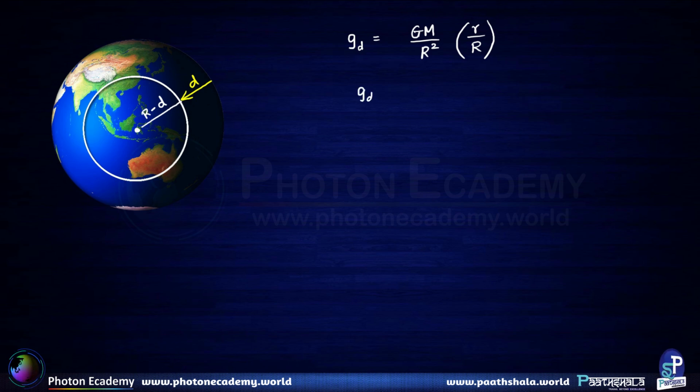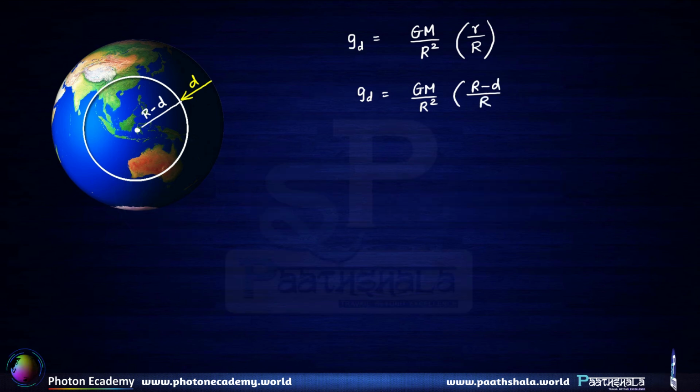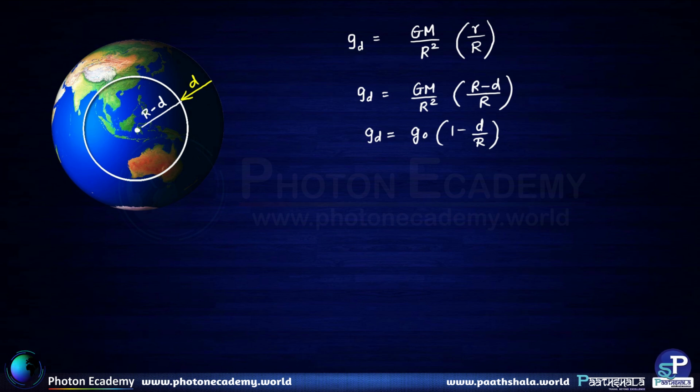So g d in this case is going to be equal to GM upon R square into (R minus d) whole divided by R. GM upon R square happens to be g naught. So g d is equal to g naught (1 minus d upon R). So this pretty much is the exact expression, and we do not need any approximation for this expression. We can deal with the exact expression over here.